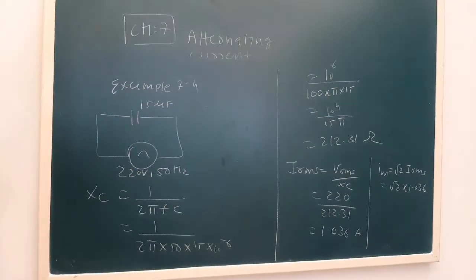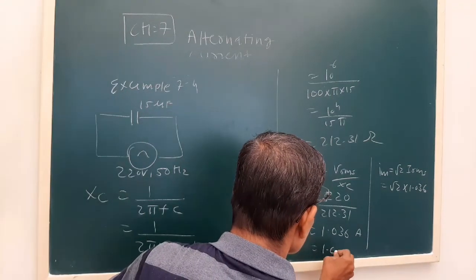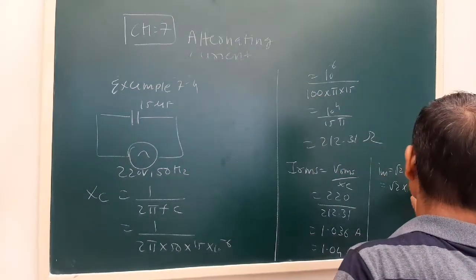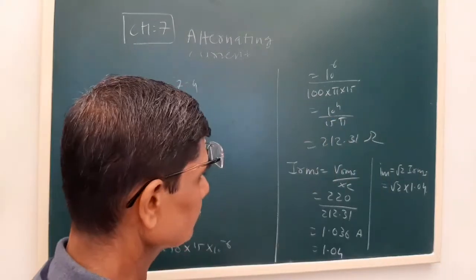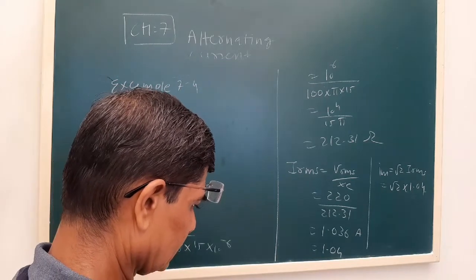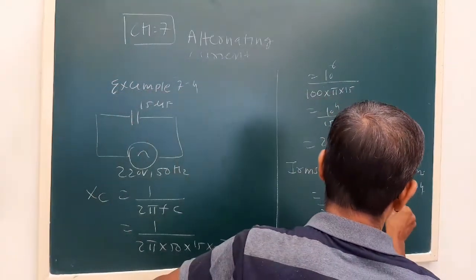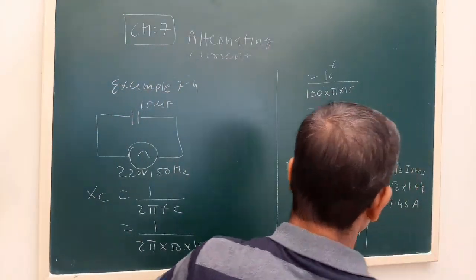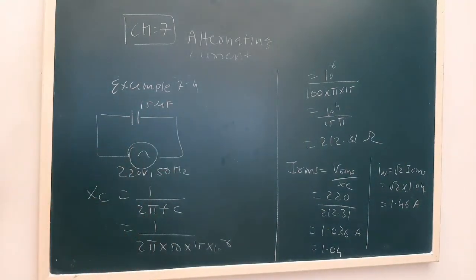IRMS is 1.036, or 1.04 you can take. So this is about the value of the capacitive reactance and current in an AC circuit with only a capacitor.